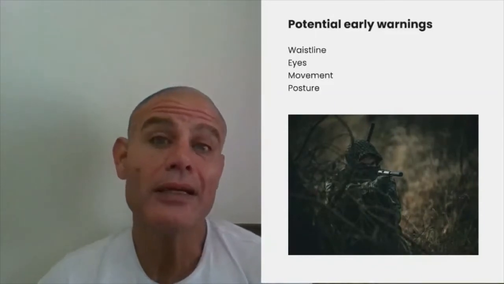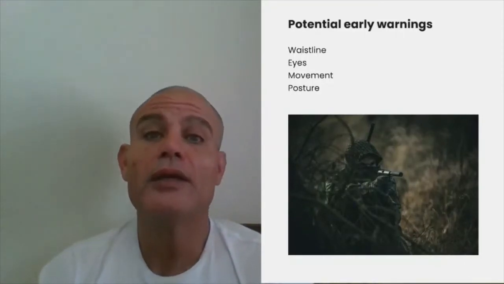It's still somebody looking at you, and what people do with their eyes very much indicates what their intentions are. Another aspect that you can look at is movement. If movement is linear and direct and it's coming straight towards you, that is a pre-indicator. That's an early warning that that person is about to become an imminent threat. So movement's also very important.